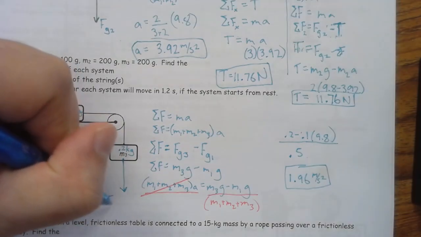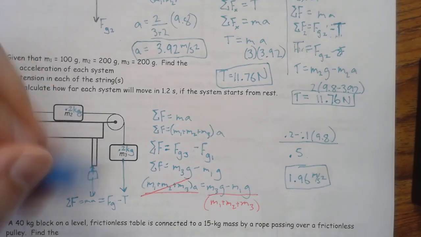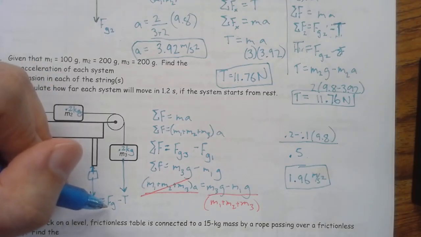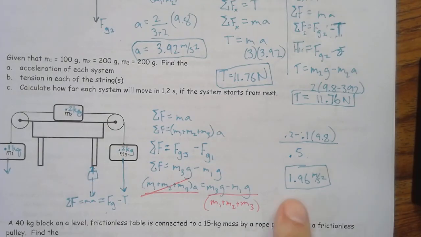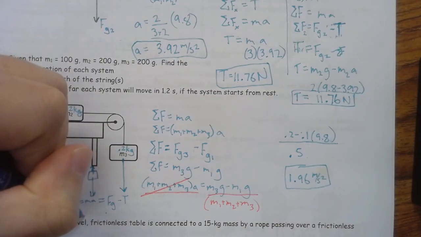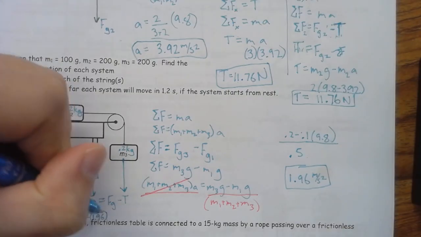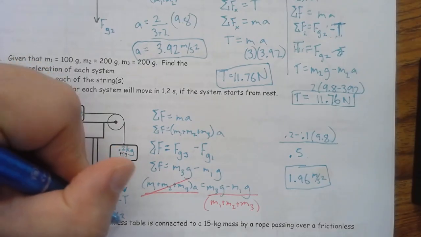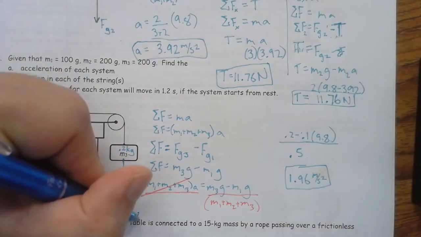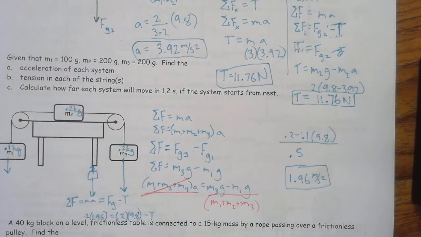Yes, gravity minus tension. MA is 0.2 times 1.96. Fg is 0.2 times 9.8 minus tension. We're looking for tension.